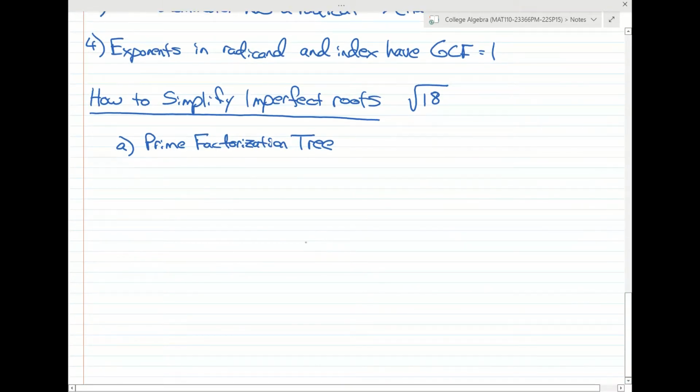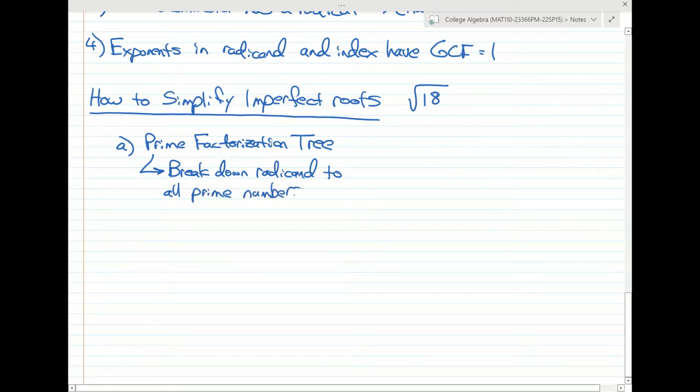So prime factorization tree just says break down the radicand to all prime numbers. Smallest prime number.